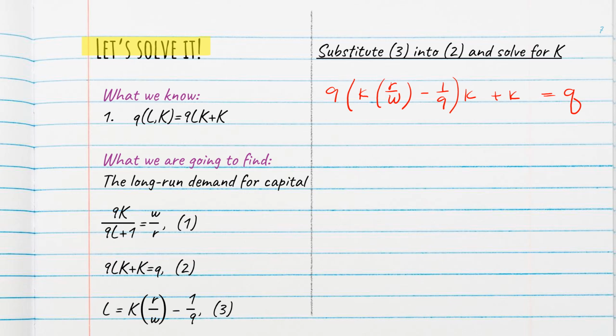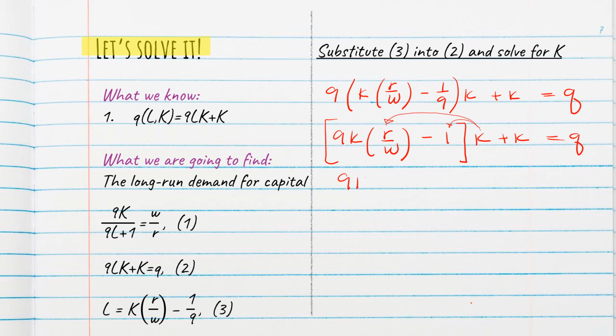Now we can do some simplification. So I'm going to start distributing this 9 term in. So I have 9K times R over W minus 9 times 1/9, which is 1, all times K plus K equals Q. Keep in mind that we're trying to find K. So now I'm going to distribute this K into both of these terms.